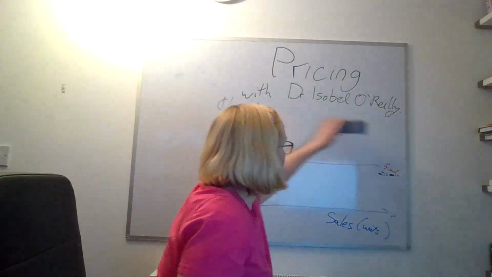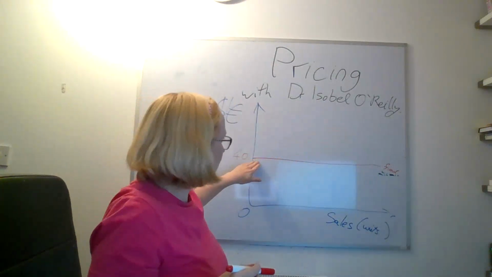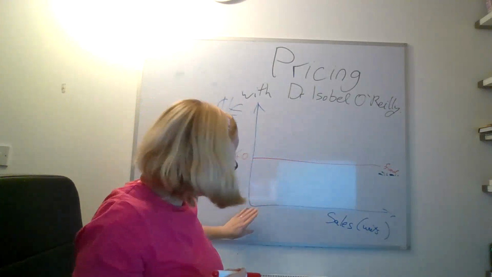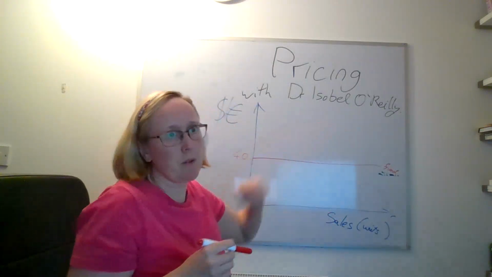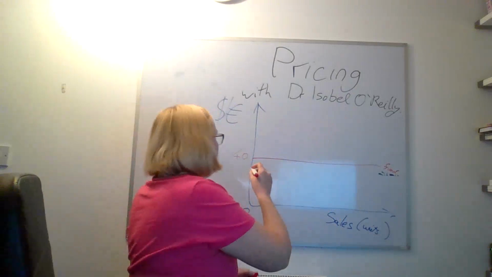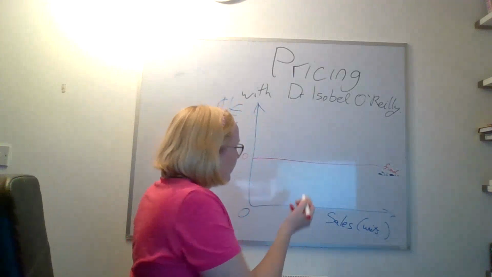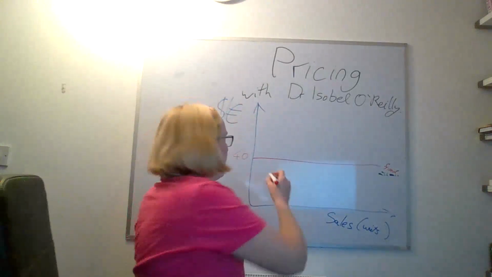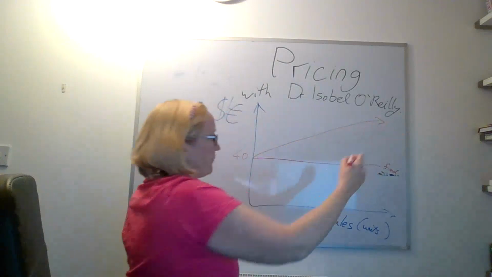But our variable costs, we can add on top of fixed. Once we start making and selling products, we have to spend more money. We're hiring more staff, we're paying commission.